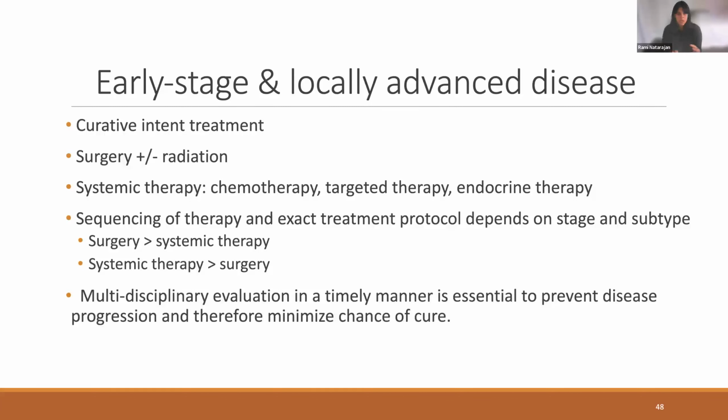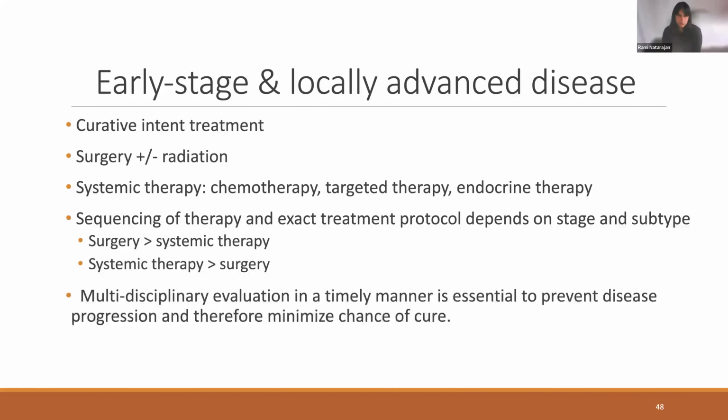We can sequence the therapy, surgery and radiation, and the exact sequencing depends on the stage and the subtype. Sometimes we do surgery first and then adjuvant systemic therapy, and sometimes we do systemic therapy first and then surgery. I'll talk about how we decide when to do what.